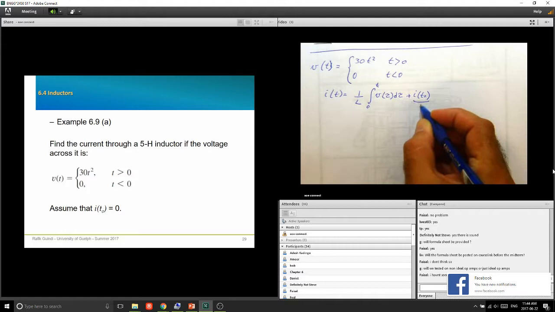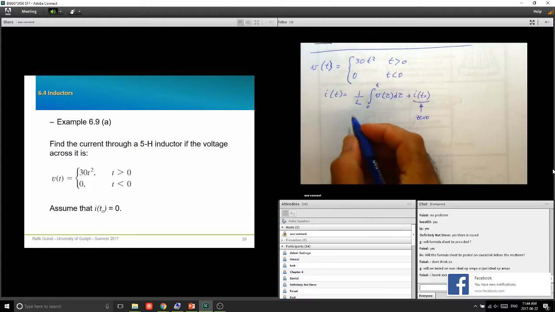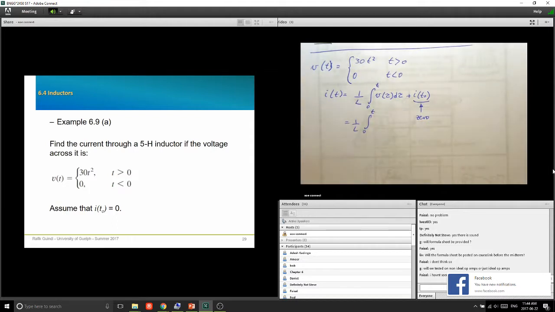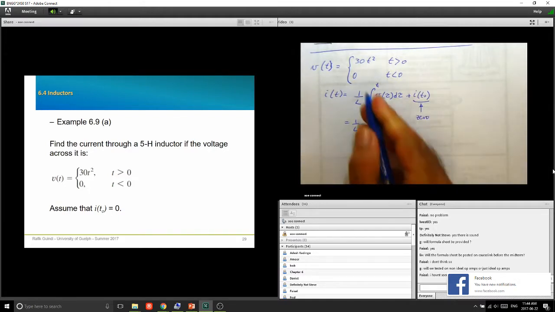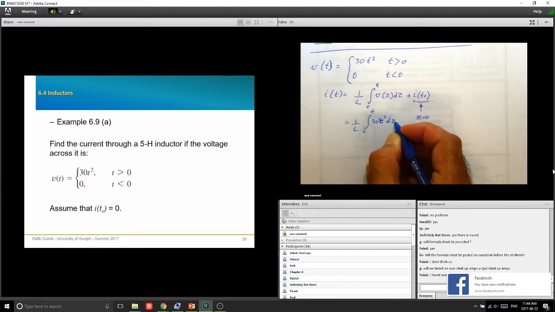Now this one is given as 0. So here we have 1 over L, integrate from 0 to t. Before 0 there's nothing. And then you have here 30 tau squared d tau.